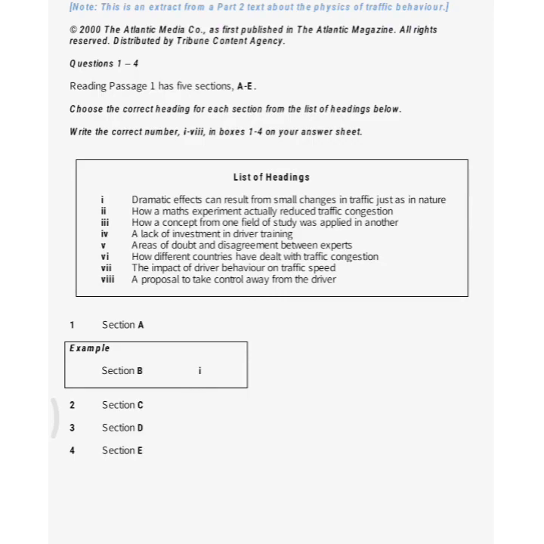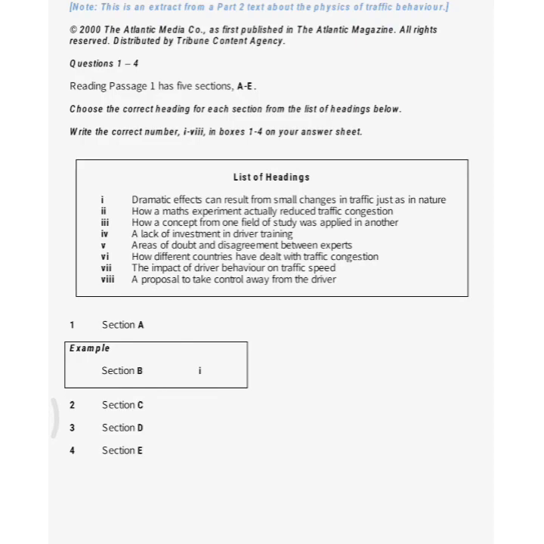Write the correct number 1 to 8 in the boxes 1 to 4 on your answer sheet. If you can see down, there's an example has already been marked for your help, like section B has been marked as number 1. So we can read this option, but we will not look further when we will be finding answers for the other paragraphs. We will skip this information.